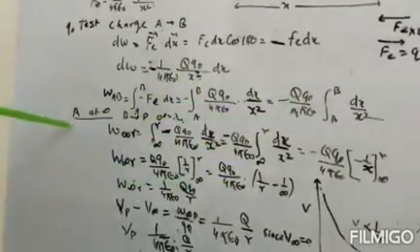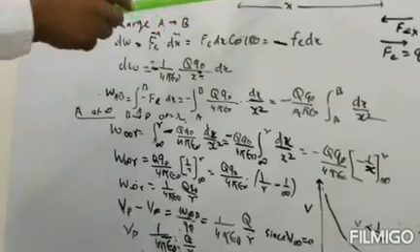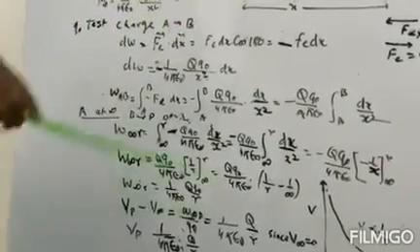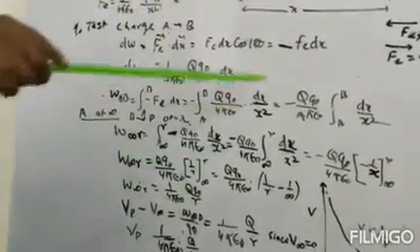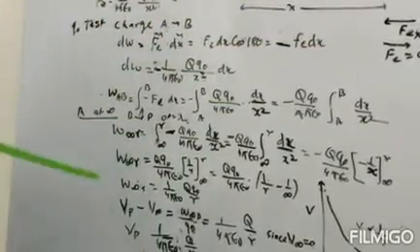Now, if we consider point A as infinity and point B at r, then the limit of integration will be from infinity to r.